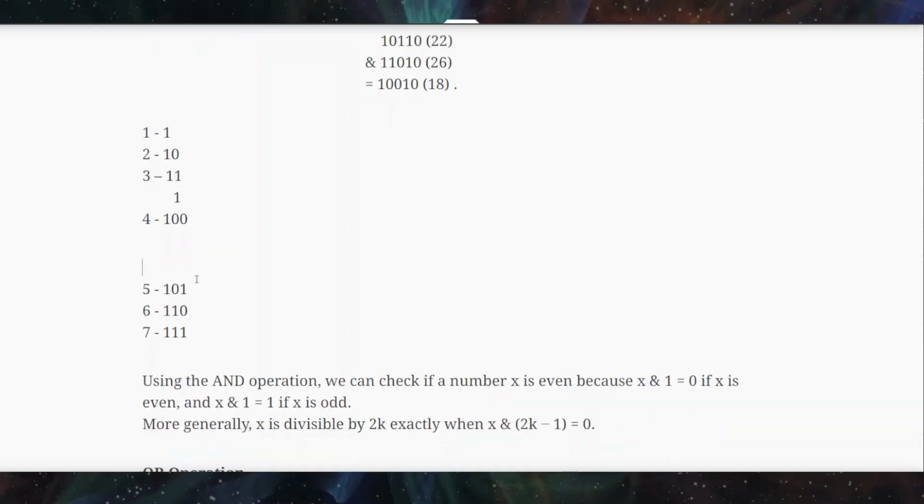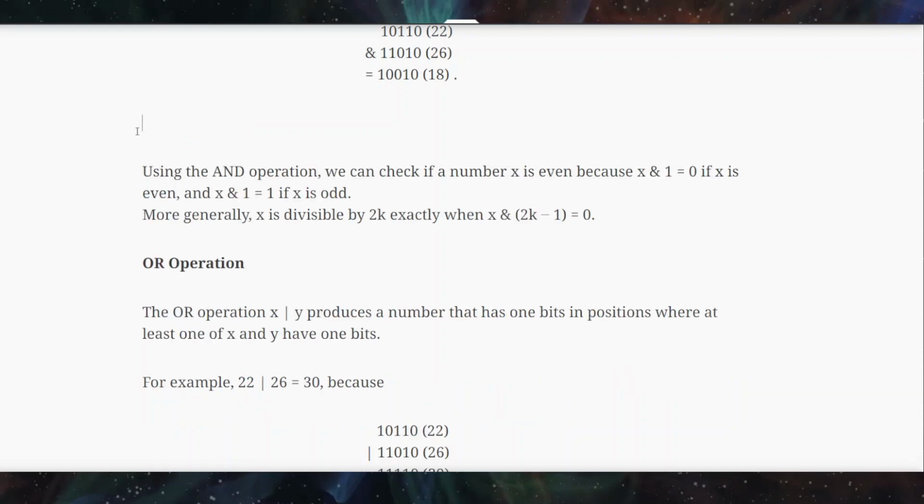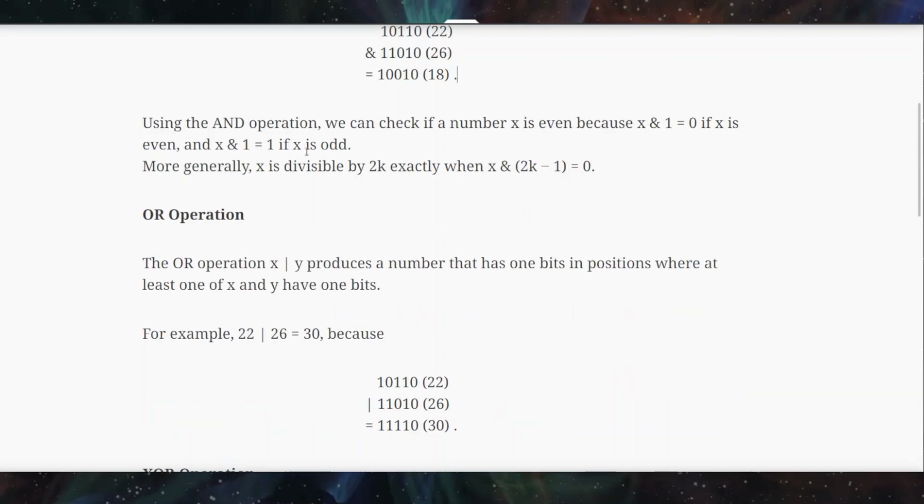If you AND 4 with 1, it gives output 0, because 1 AND 0 is 0. So if the ANDing of the given number and 1 is 0, then the given number is even, or else the given number is odd. For that you can use this AND operation.